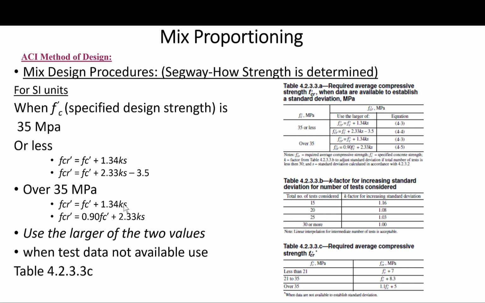The ready mix suppliers working in your locale will have enough statistical data to develop these equations. Just make sure whatever statistical data is available pertains to your required mix. If it's not, then trial batches will have to be done, and based on that we will get our results.